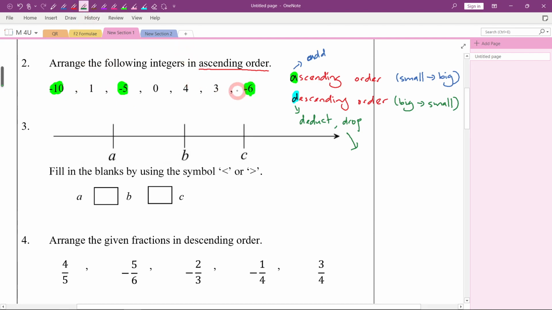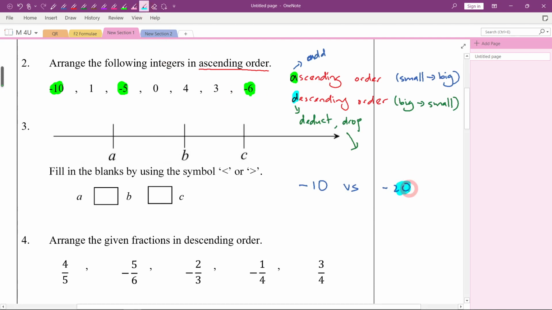When you deal with negative number, you need to be extra careful because you didn't learn it in primary school, so this is considered new to you. The larger the number, the smaller the value it is. What does this mean? Let's say you have two negative integer, negative 10 and negative 20. Which one is smaller?